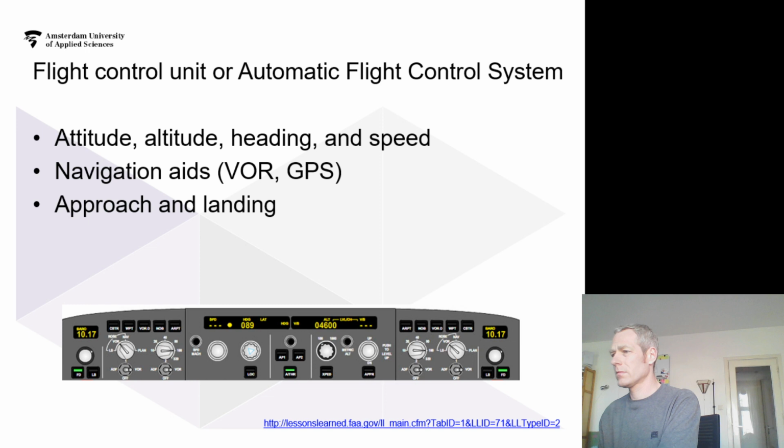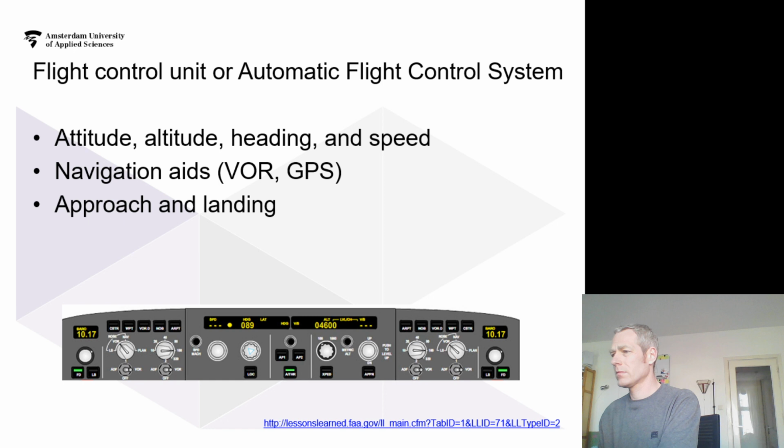And one of them is maintain altitude, attitude, heading, and speed. It can also follow navigation aids like the VOR or GPS waypoint, and it can assist in the approach and landing. So this is a system within the plane that controls the behavior of the plane.